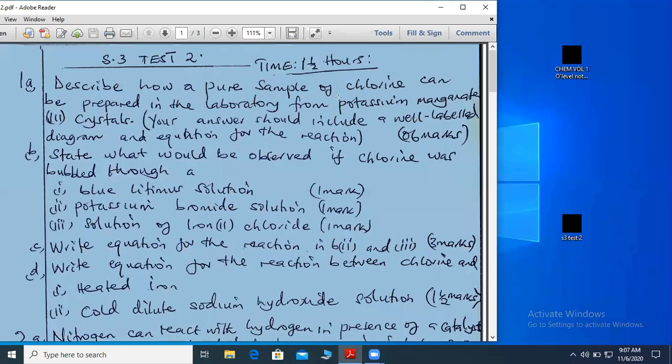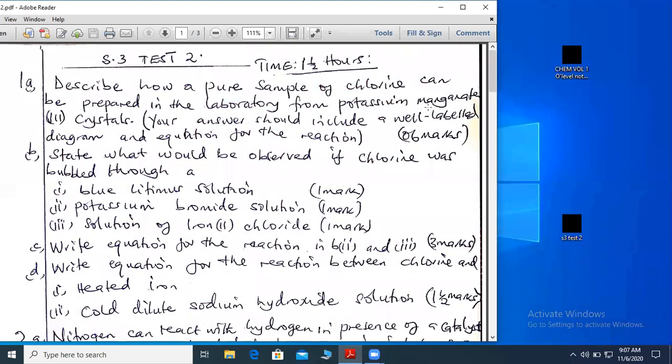The question is clear. It has said that you use potassium manganate 7. So if you don't know how to use potassium permanganate to prepare chlorine, then it is better you don't do that part of the question, because all you are going to get is 0. If the question says use potassium permanganate, then you should use potassium permanganate.